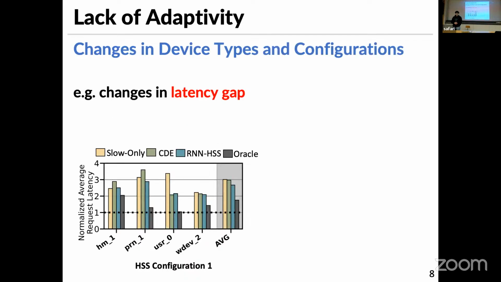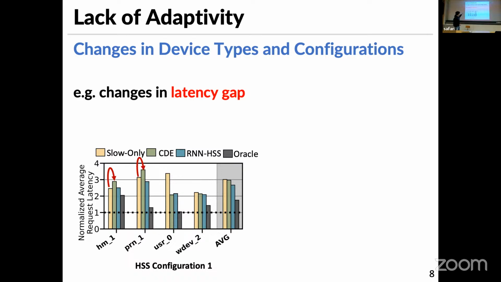So there's also a lack of adaptivity in device types and configurations. What is meant here is if you use the same data placement policy for 2 different configurations that have a huge latency gap, or where there's a change in latency gap between the 2 devices, you will have one HSS configuration where it might perform pretty badly.